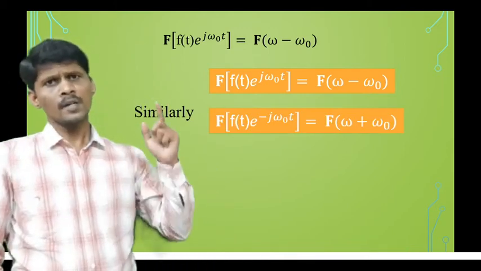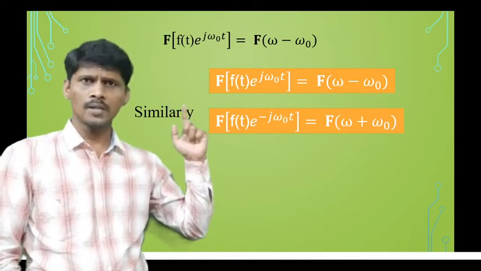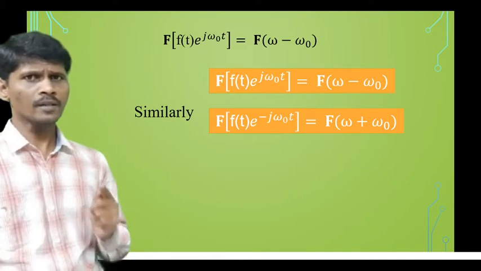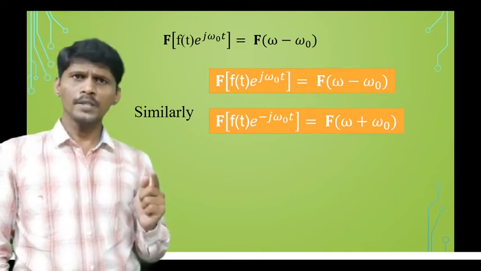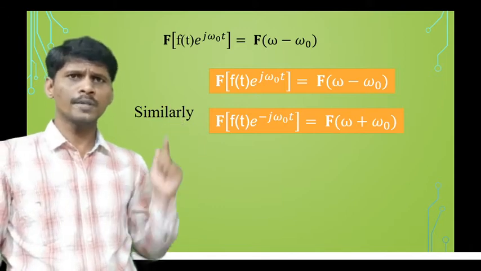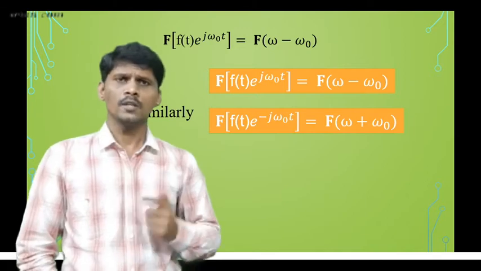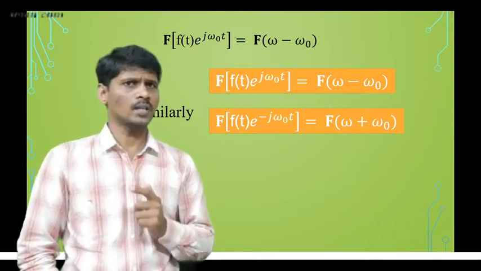Fourier transform of f of t e power j omega naught t is F of omega minus omega naught, and Fourier transform of f of t into e power minus j omega naught t is F of omega plus omega naught. So this is a very important property, the frequency shifting property of the Fourier transform.